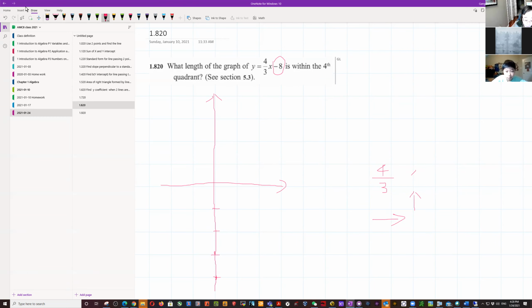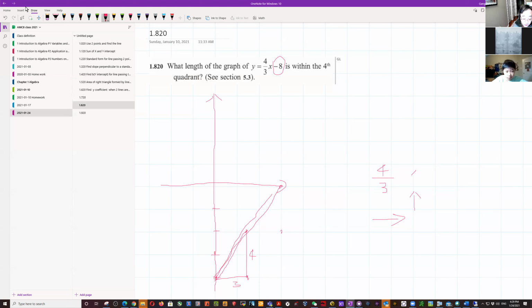In order to rise 4, I'm going to go 3. So for every 3 it goes, it will rise 4.